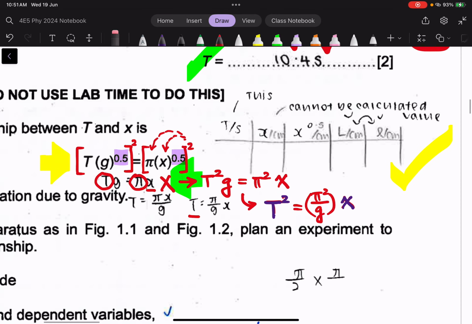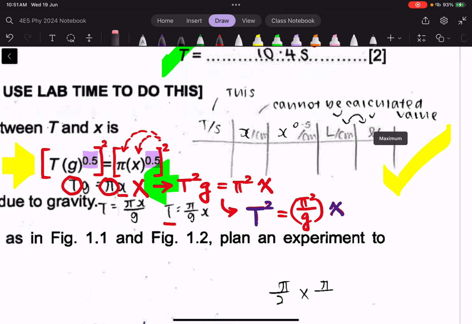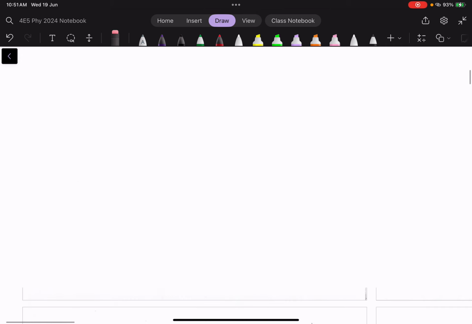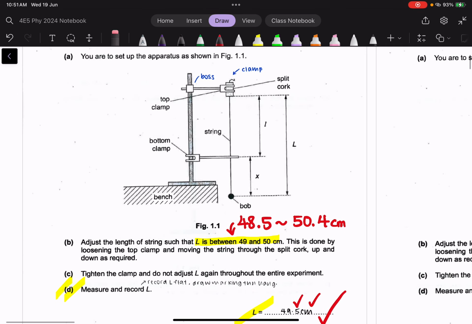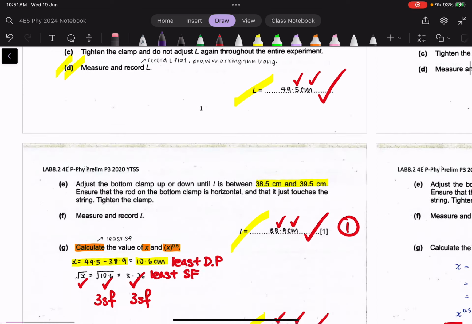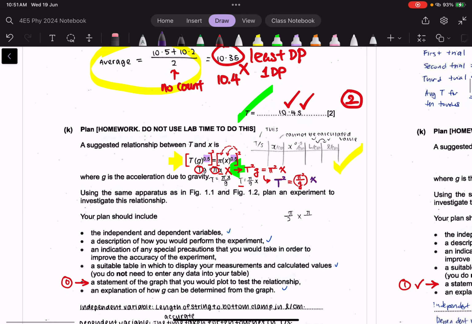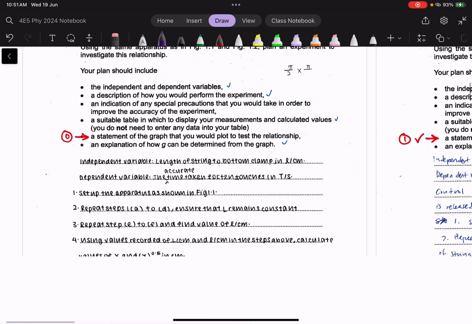You can see here, your x actually comes from big L and small l. And let's take a look here. I think the big L is fixed. Yeah, big L is fixed, and basically you are moving this rod up and down to get different small l. So big L is fixed, small l is adjusted. The time is the dependent.